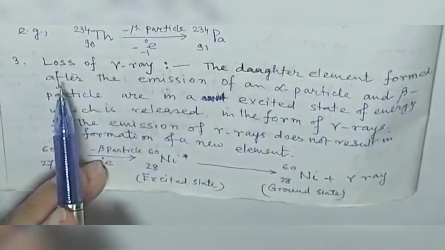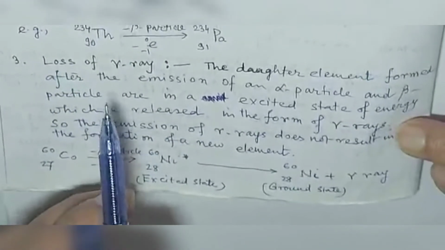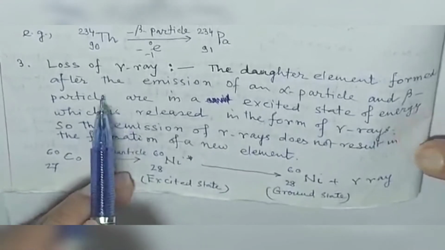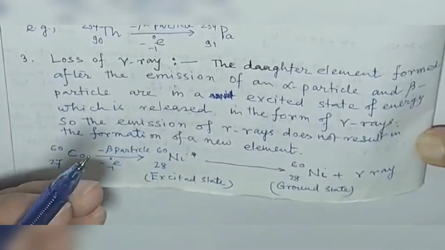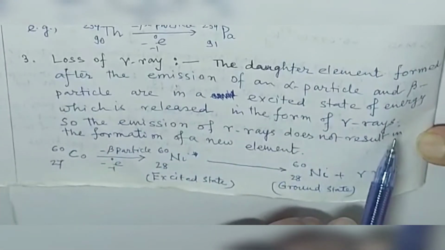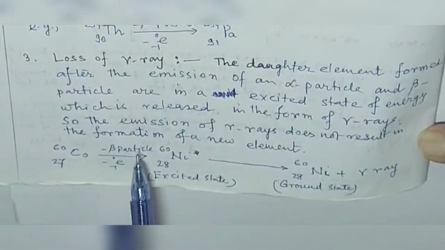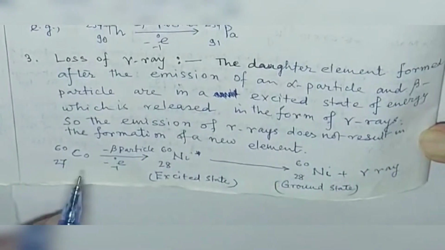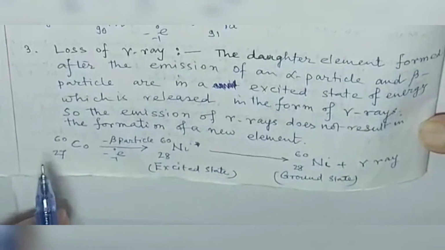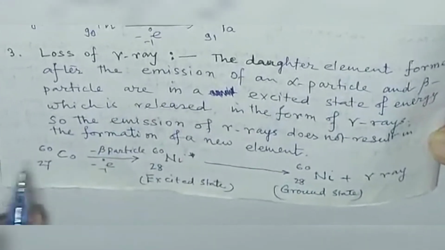Now the last point, loss of gamma rays. The daughter element formed after the emission of an alpha particle or beta particle is in an excited state of energy, which is released in the form of gamma rays. So the emission of gamma rays does not result in the formation of a new element. We discuss this loss of gamma rays by this example.